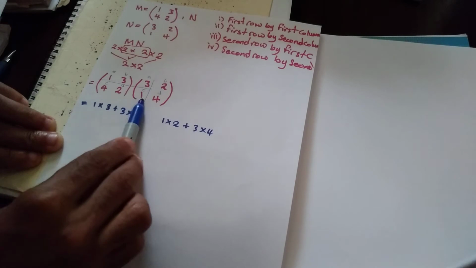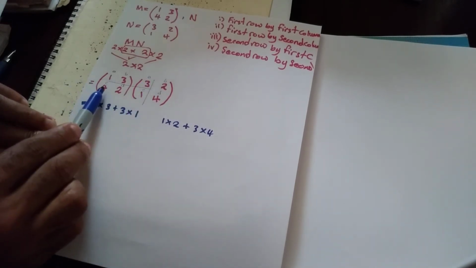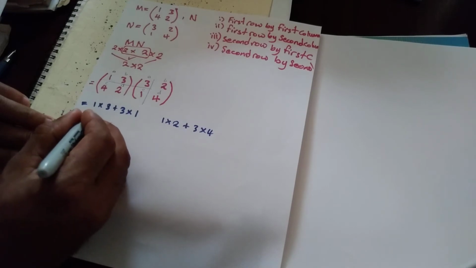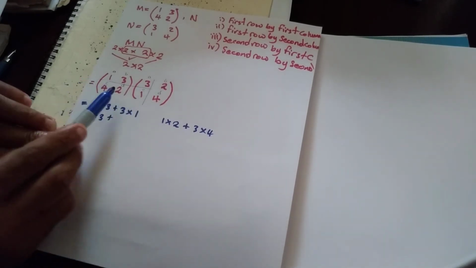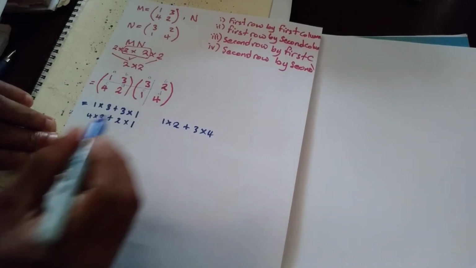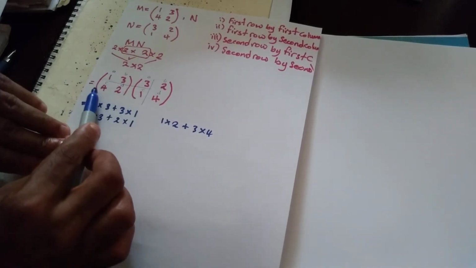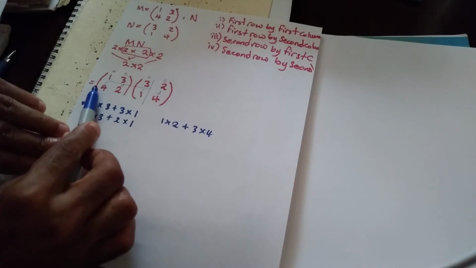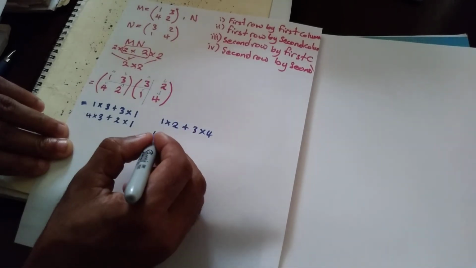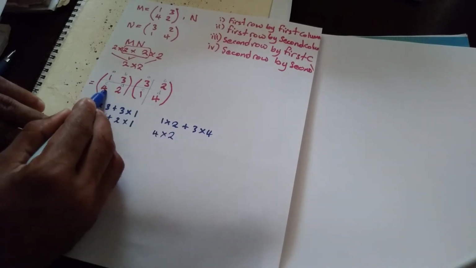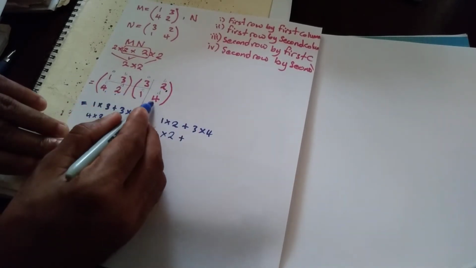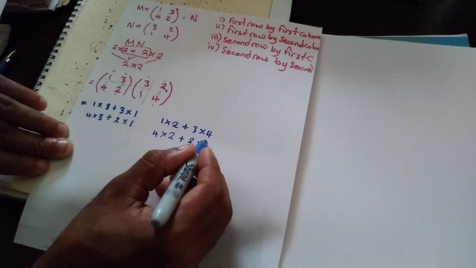So with the second row, first column, we're going to multiply 4 times 3 plus 2 times 1. Then I'm finished with the second row, first column. I'm going to multiply second row, second column. So I'm going to have 4 times 2 plus 2 times 4.